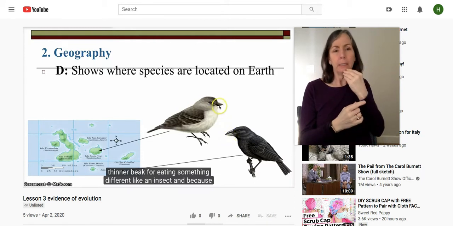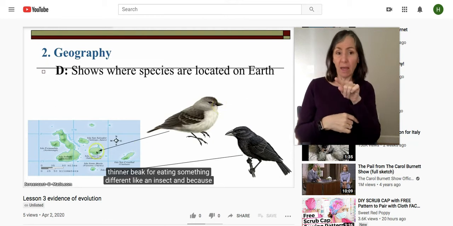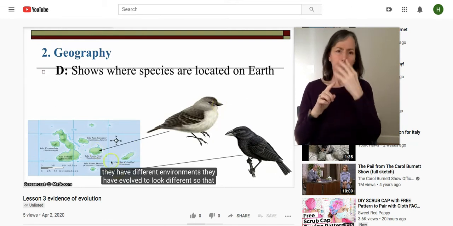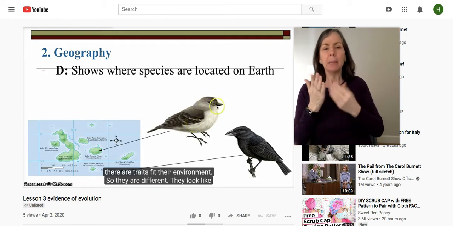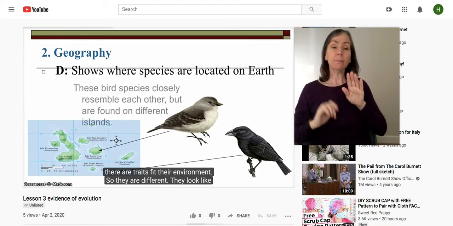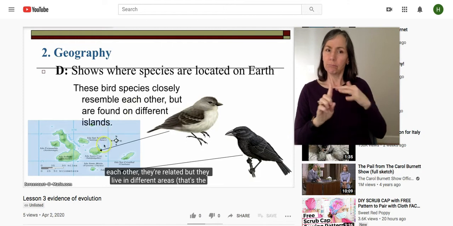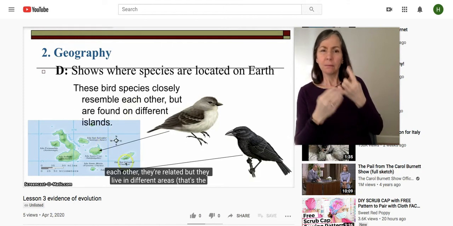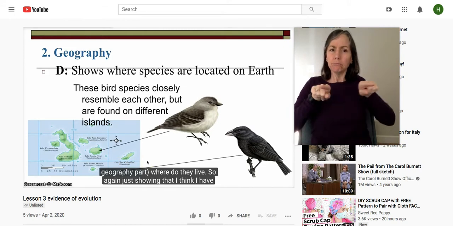This has a thinner beak for eating something different, like an insect. And because they have different environments, they have evolved to look different, so that their traits fit their environment. So they look like each other, they're related, but they live in different areas. That's the geography part. Where do they live?